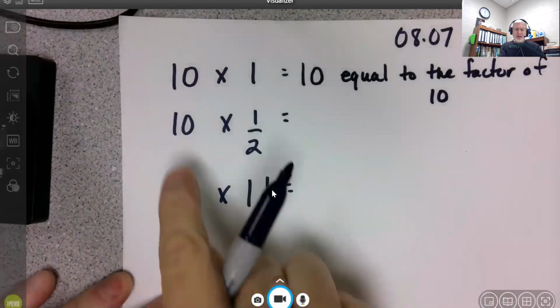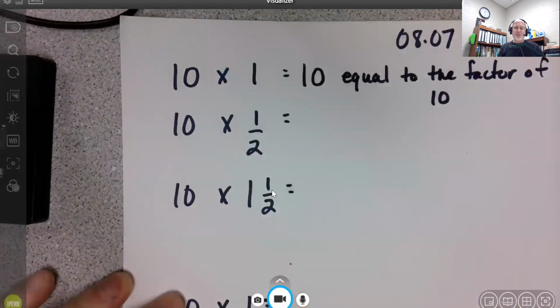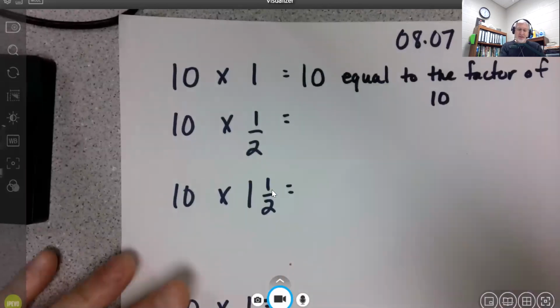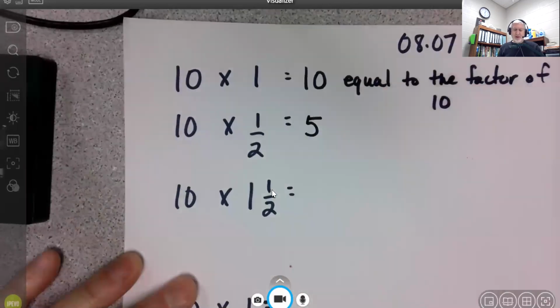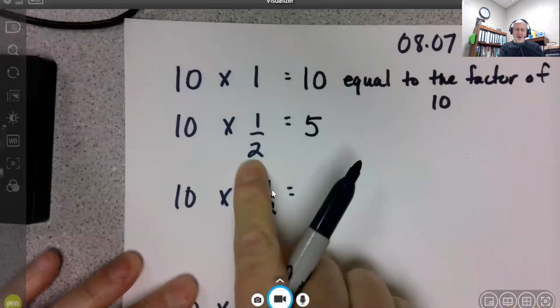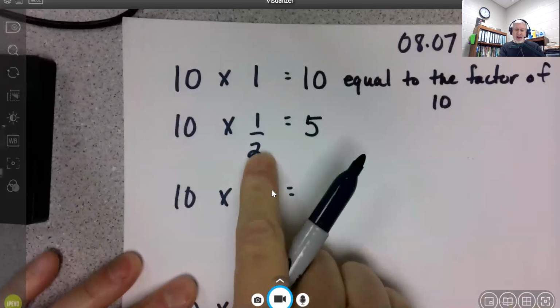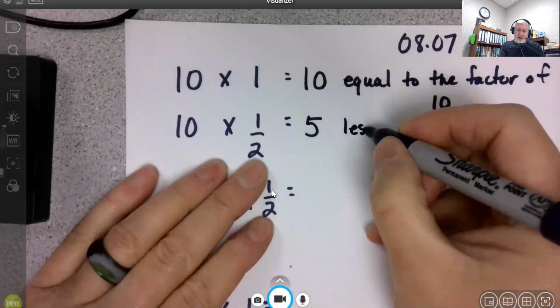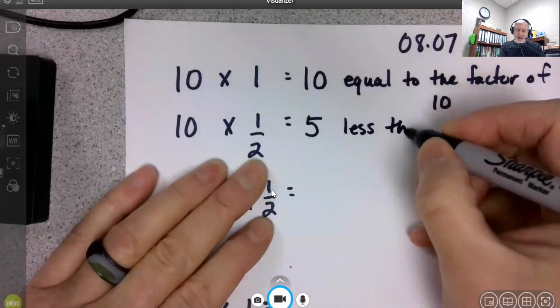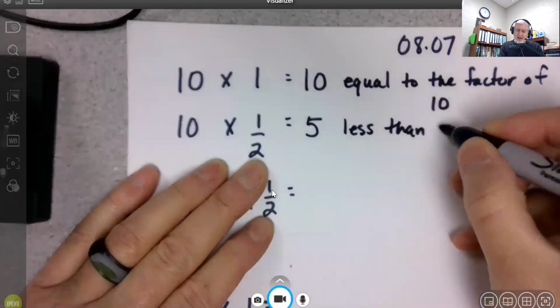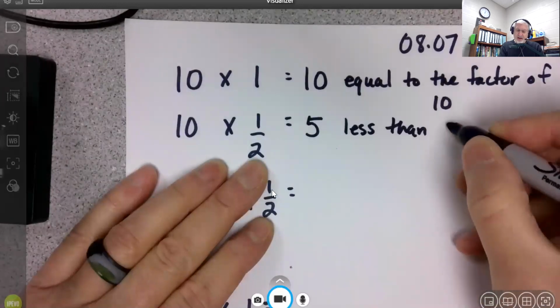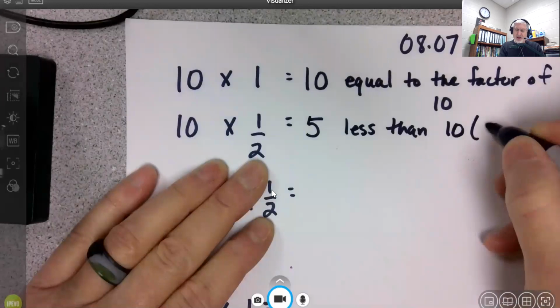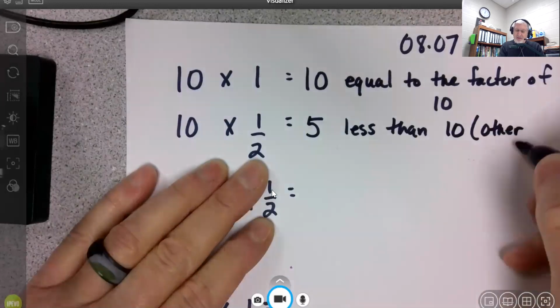Okay, so now I have 10 times 1/2. Well, what's half of 10? Half of 10 is 5. So I know that if one of my factors is half or less than 1, then it's going to be less than 10, which is the other factor.